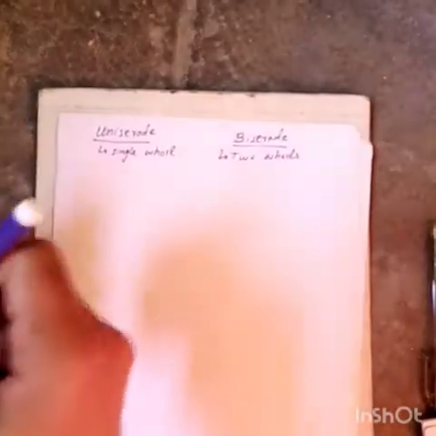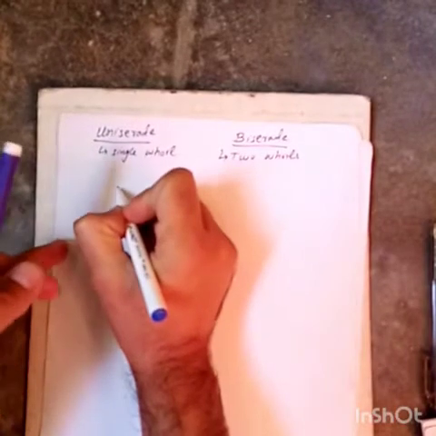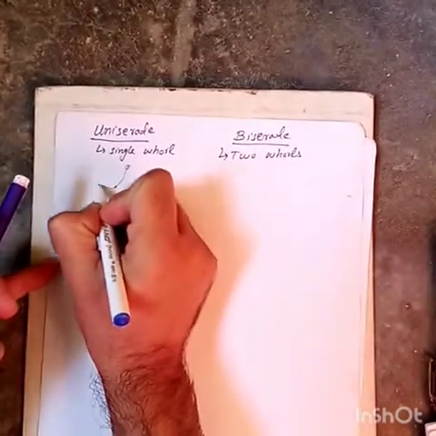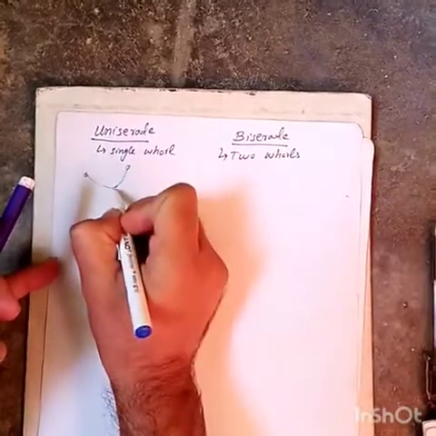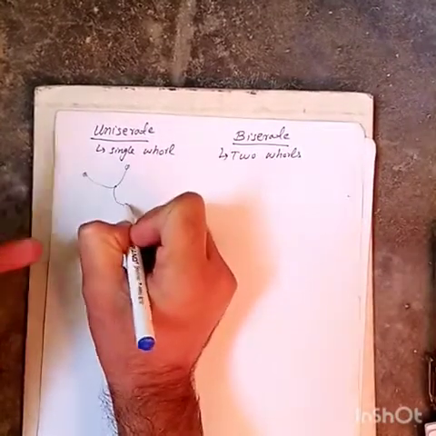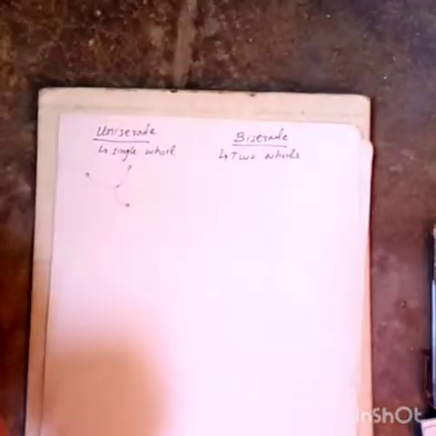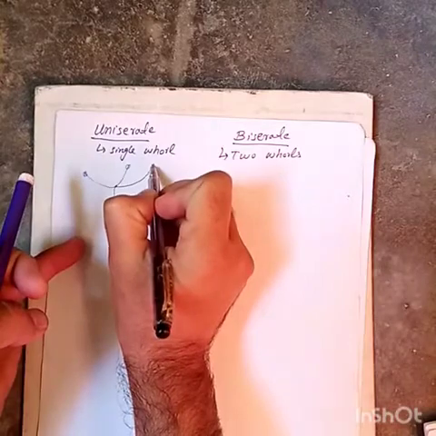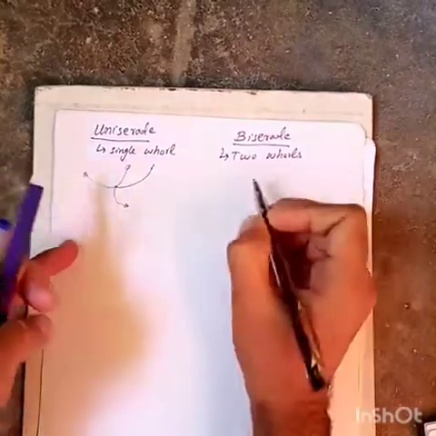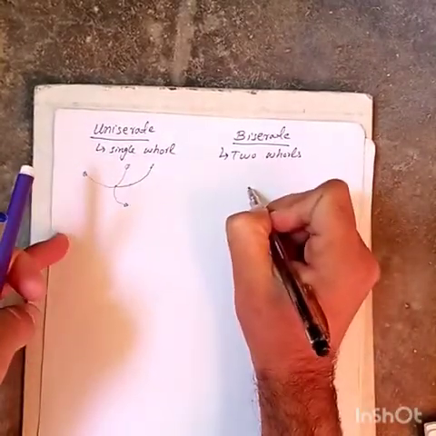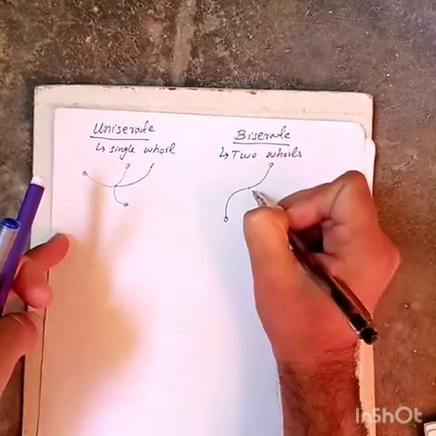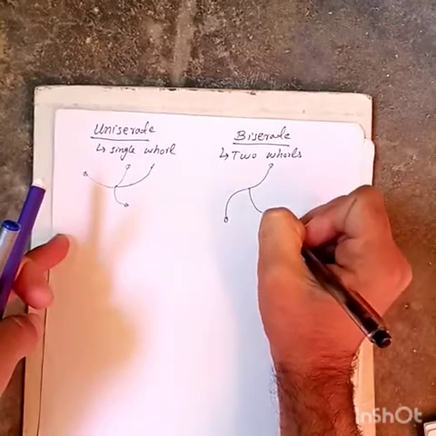I'm going to draw a structure. This is whorl number 1.